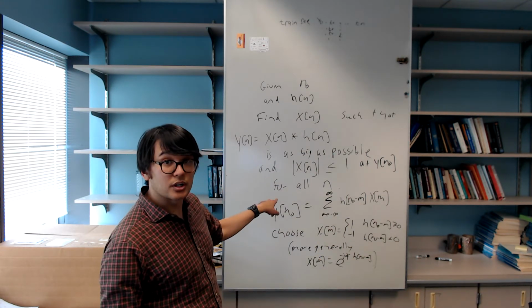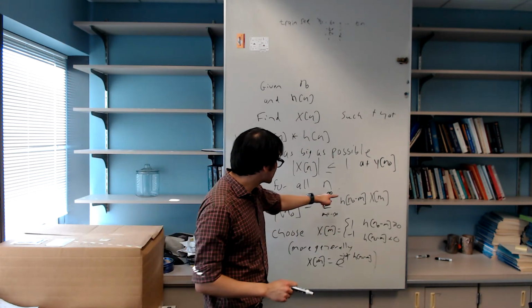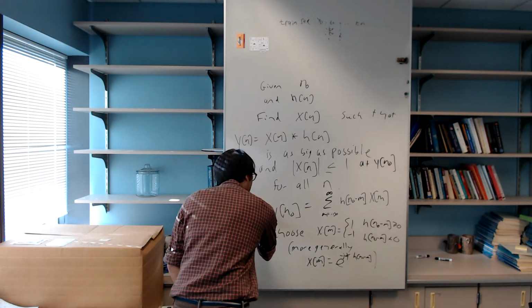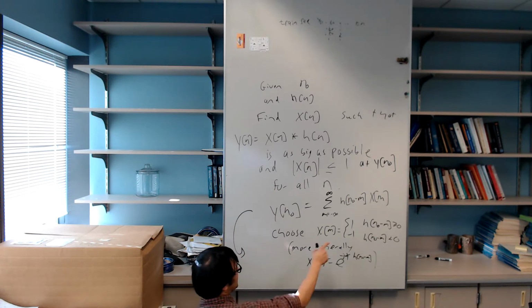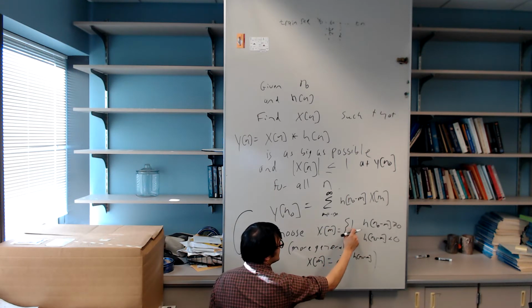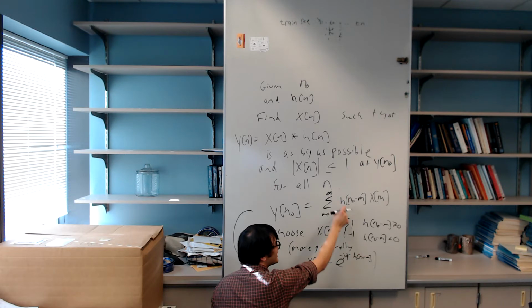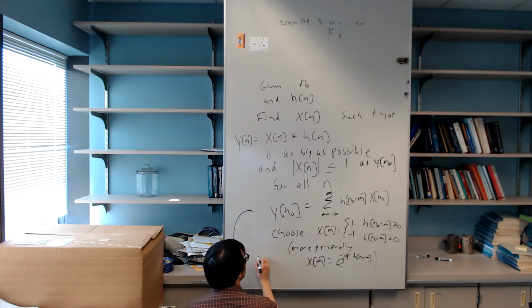Now the key feature is when we choose this as our input, what is actually going to happen is that if this thing times that is positive, it's just positive. If this thing is negative, we multiply by negative 1, so we get the negative of this. This is actually the absolute value: the sum over m from negative infinity of the absolute value of h of n0 minus m.